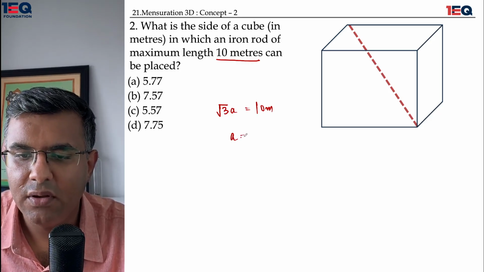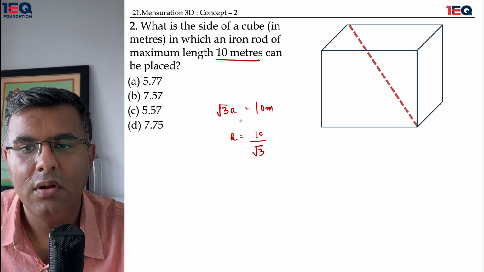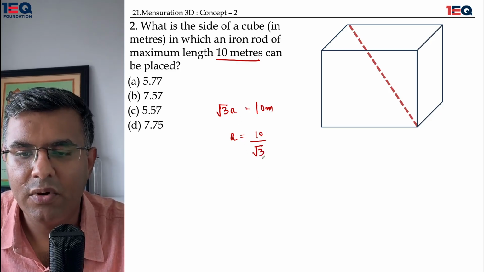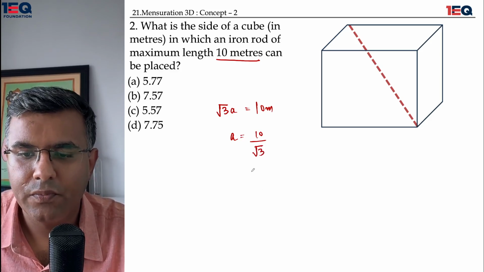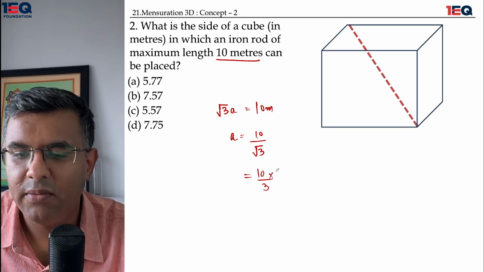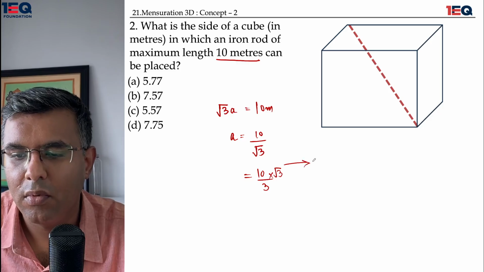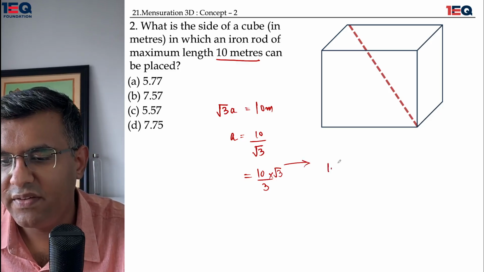The value of a would be equal to 10 meters upon root 3. Now, to solve it, 10 by 3 multiplied by root 3. The value of root 3 is 1.57.